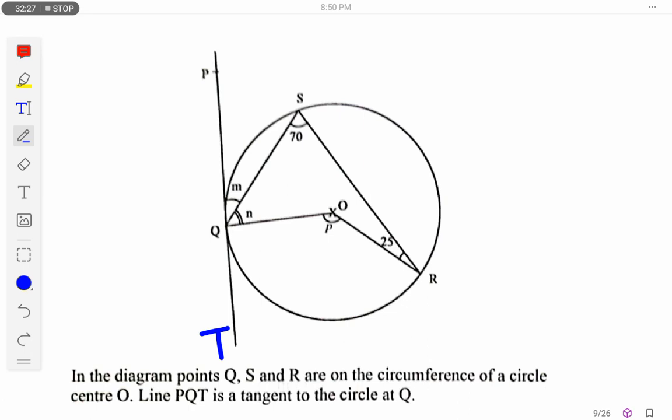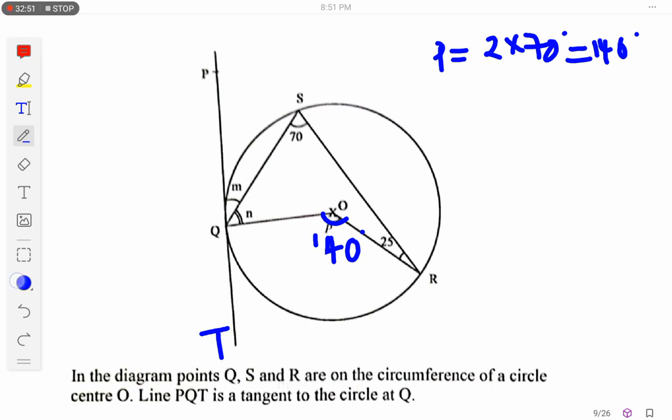I can find P. The value here at the center there is twice the one that is at the circumference. So my P is equal to 2 times 70 degrees there. So I get my 140 degrees as my P there. Let's move on.